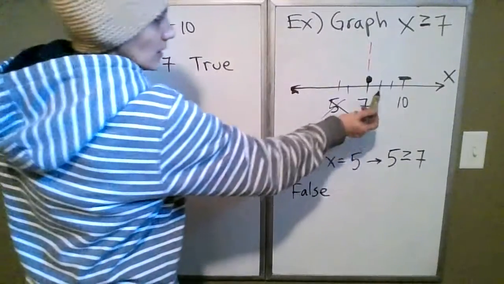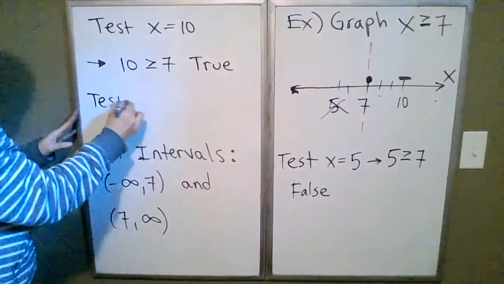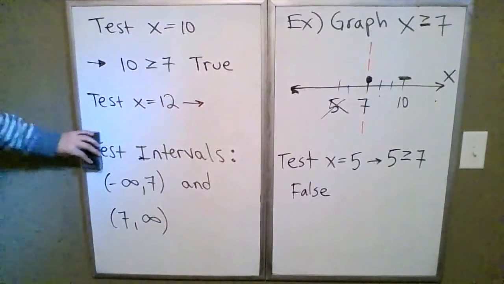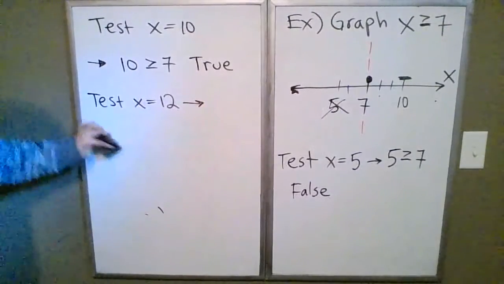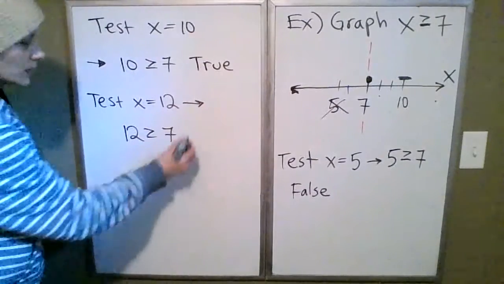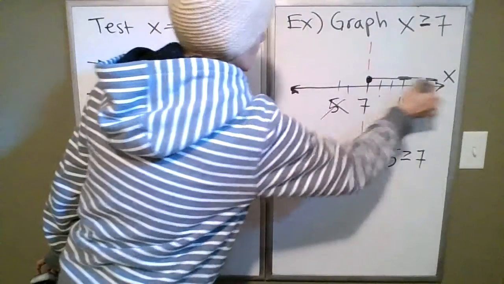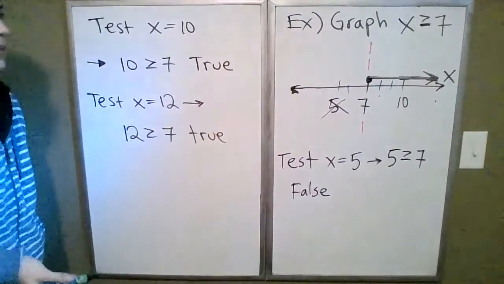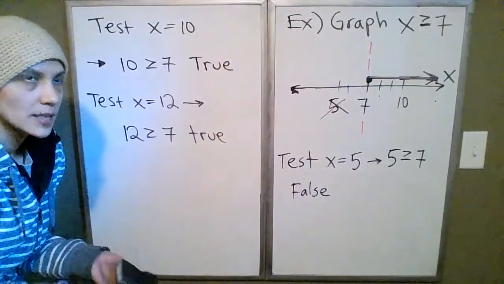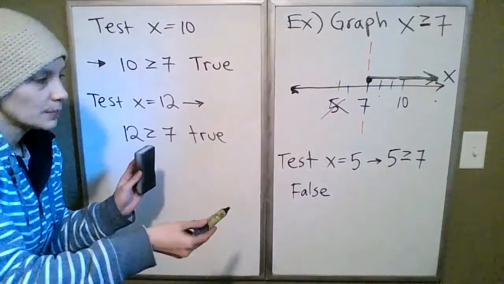You could test 8, you could test 12. Greater than or equal to 7, also true. So we can shade over here a little bit, and we can just start to connect all those together. So I guess the answer is you can test as many points as you like, but you really only need to pick 1 from each interval.